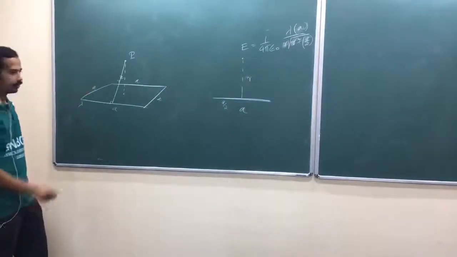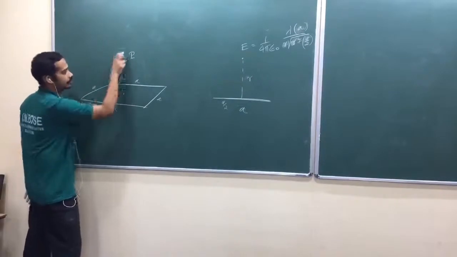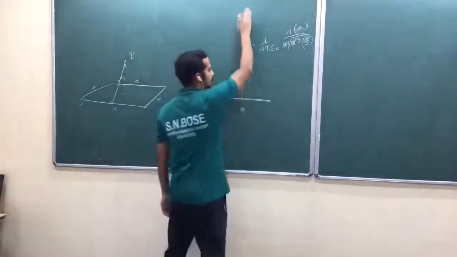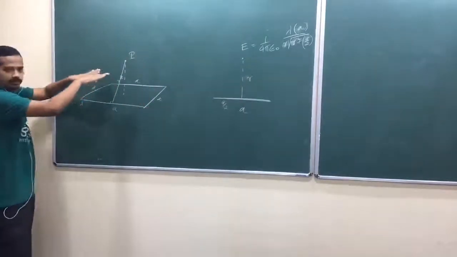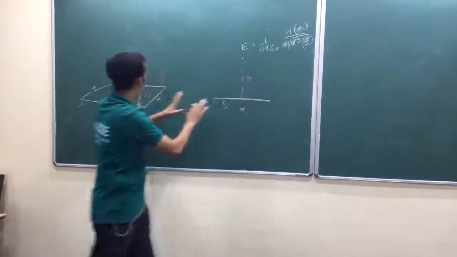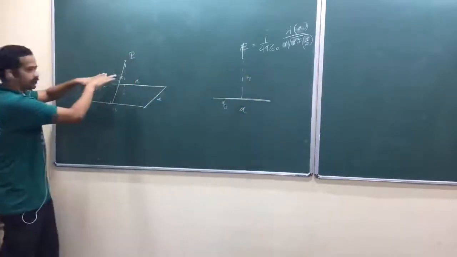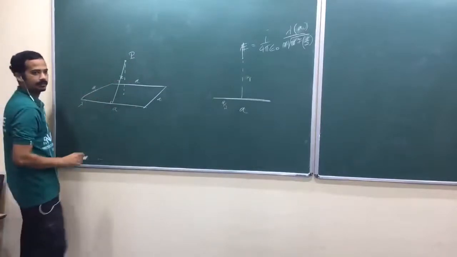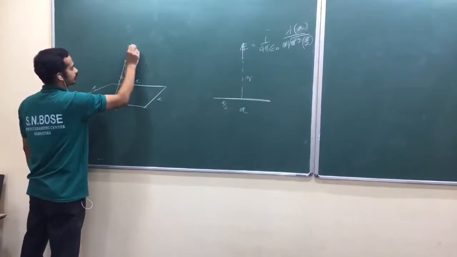Now, due to one segment, you got an electric field. What is the electric field along this direction? Now, take this structure and make it like this. Take this whole problem. Your electric field was in this direction. Now make it like this. So now your electric field at this point is along this direction.